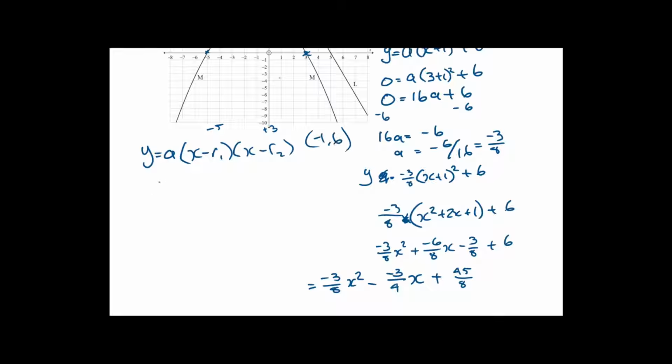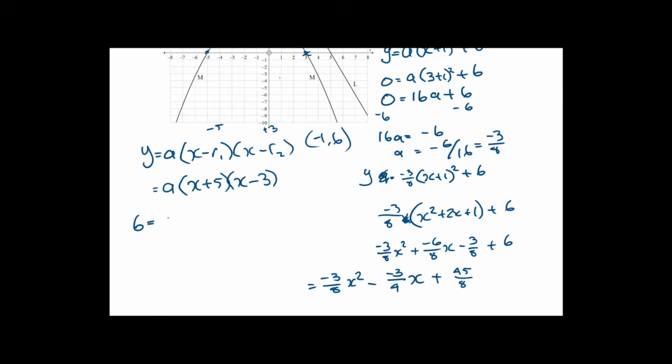So let's do that now. y is going to be equal to some number a, x plus 5, x minus 3, and now wherever we see an x we're going to put negative 1, wherever we see a y we're going to put 6.